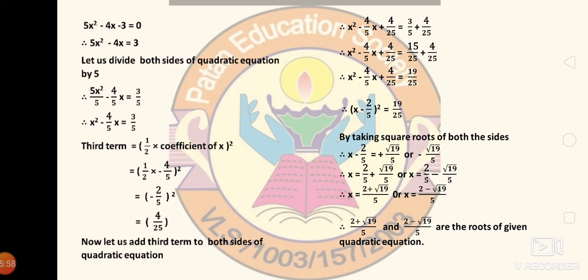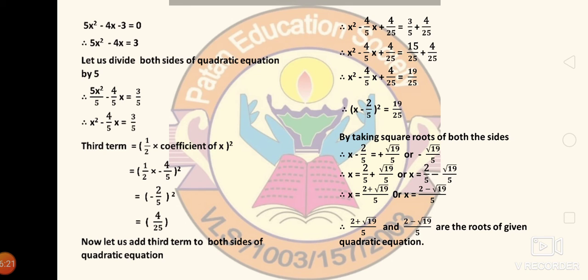Now x square minus 4 by 5x plus 4 by 25 is a complete square of a certain term. How to find that? Let us see. X square is the square of x, so in the bracket x, and immediately after x square there is a minus sign, so a minus sign will come. Then 4 is the square of 2 and 25 is the square of 5, so 5 will come.